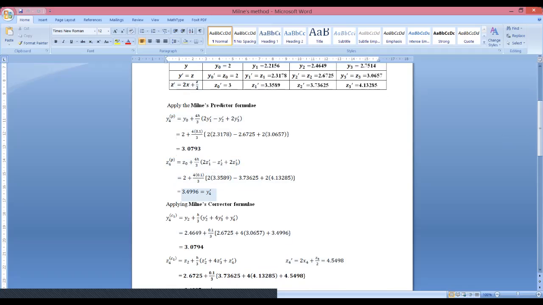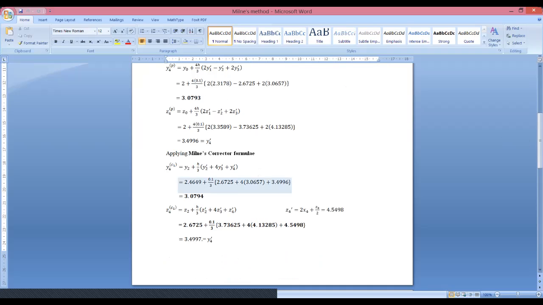Substituting the value of x4 and z4, we get z4 dash as 4.5498. Now that value of z4 dash is substituted, other values are substituted from the table. Now calculating, we get the value of z4 c1 as 3.4997, and again it is nothing but our y4 dash.